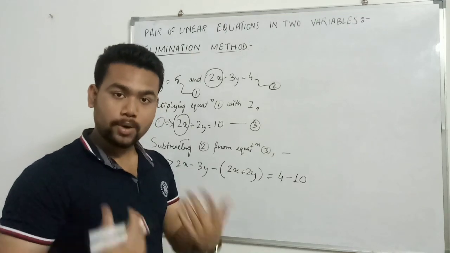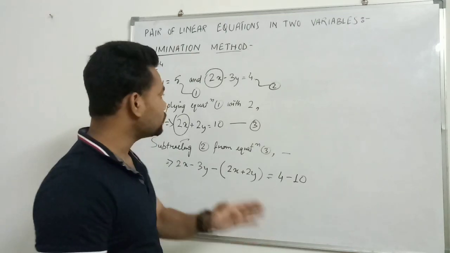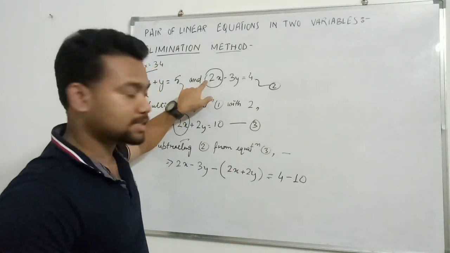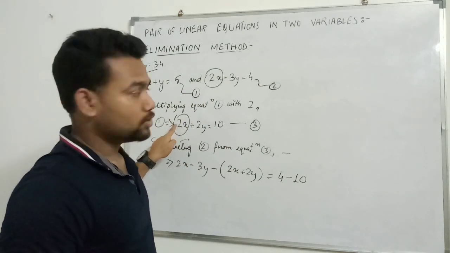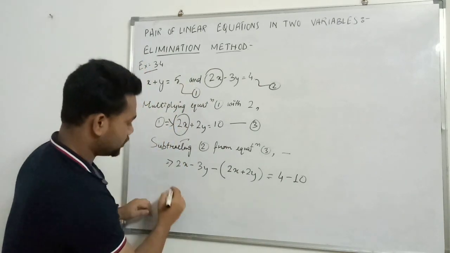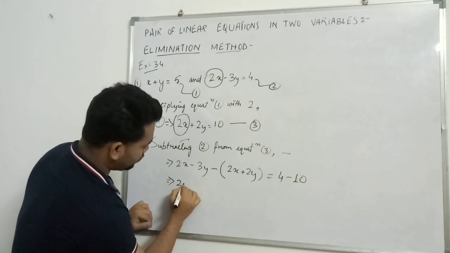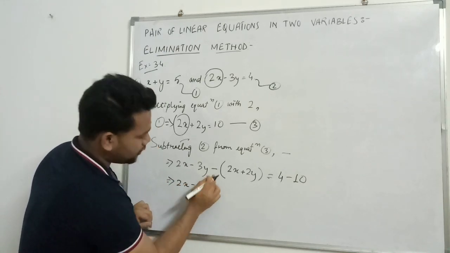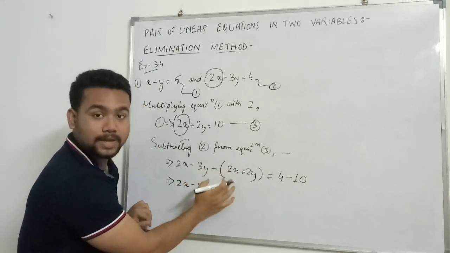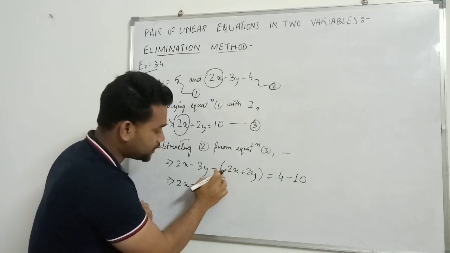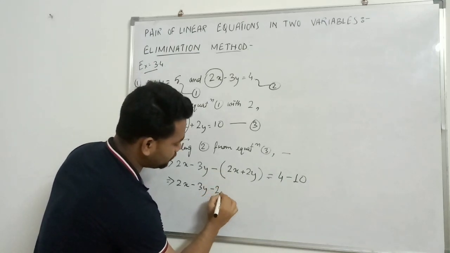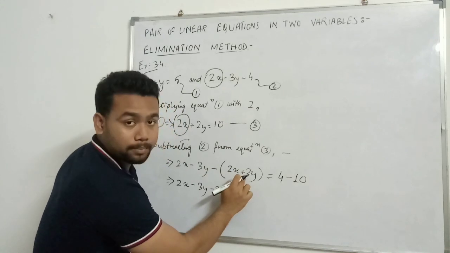Got it? Why are we subtracting? I hope you are clear with it. Because here it is plus and here it is plus. So that's why we are subtracting. Because you check it out here. Twice x minus 3y, minus will change their respective signs. Right? Signs. Minus plus what? Minus. So it will become minus twice x, minus, plus what? Minus.